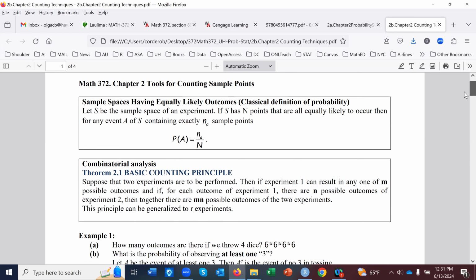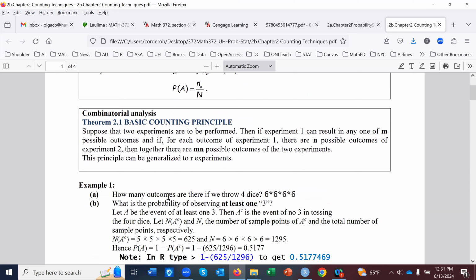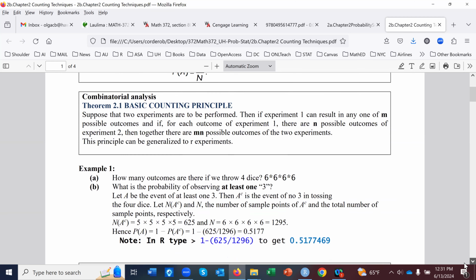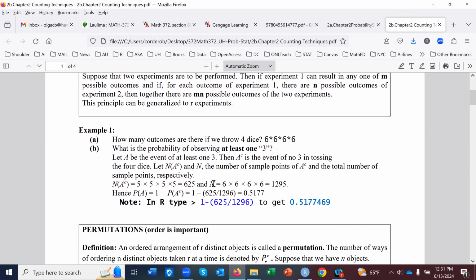6 times 6 possible outcomes. If I roll 4 dice, then for each die I have 6, so it is the multiplication, and then I can do probability. But let's look at this quickly. If I want at least one 3, so at least one 3 means 1, 2, 3, or 4 of them.